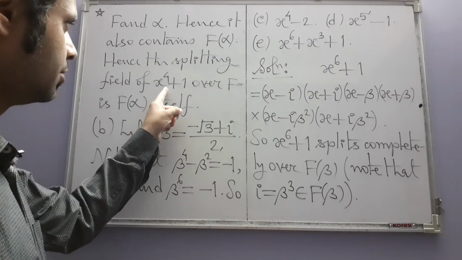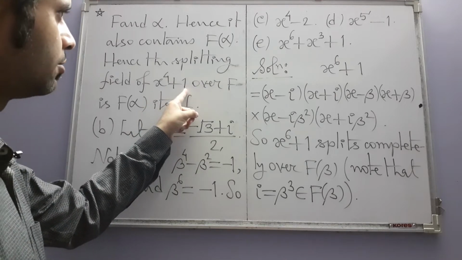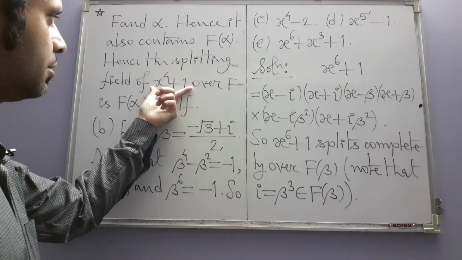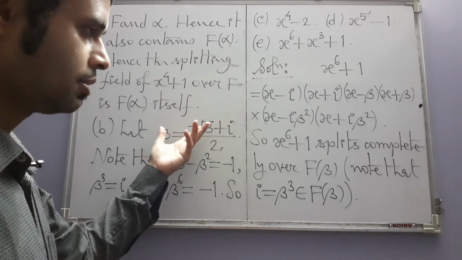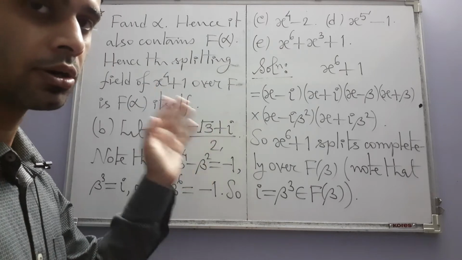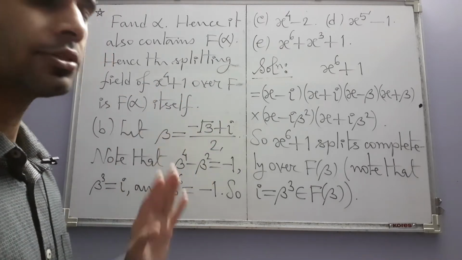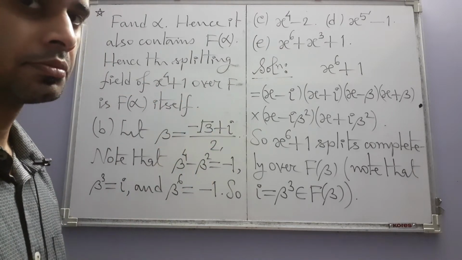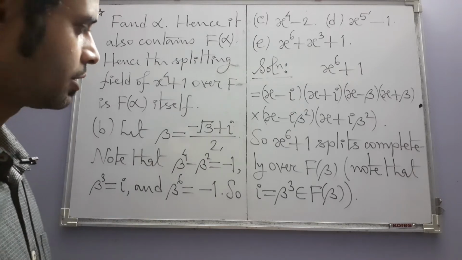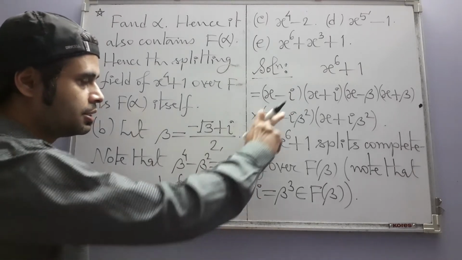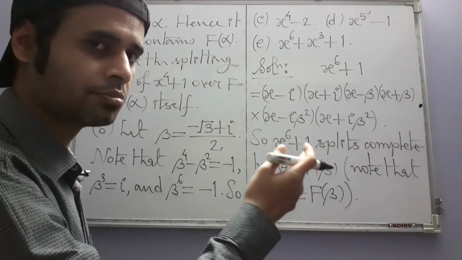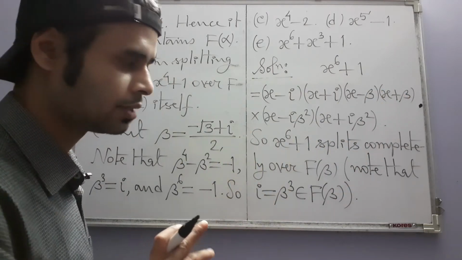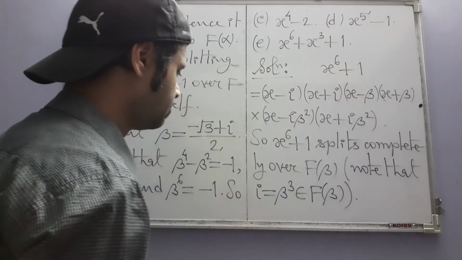Previously, in case of this polynomial, it turned out that this in fact is the minimal polynomial for alpha, but here that is not the case. Why is that not the case? Because this is one polynomial over the field of rational numbers that beta is satisfying. Why? Because beta is a root.